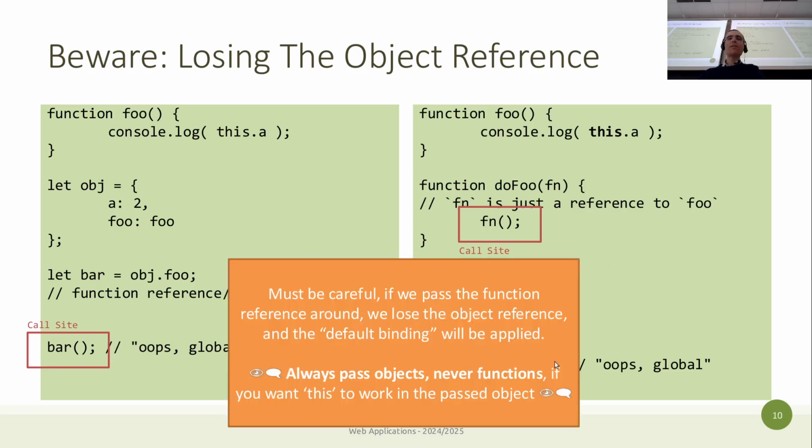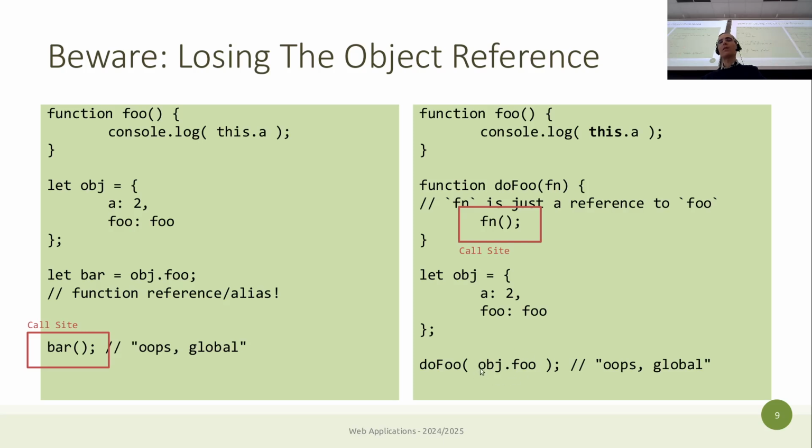Okay? So, we must be careful: always pass objects, never functions, if you want this to work in the passed object. So, instead of passing functions, as previously done here, you pass the object obj, so that when you call the function here, you can write obj.function. Okay? So, the call site is obj.something, and this will work.